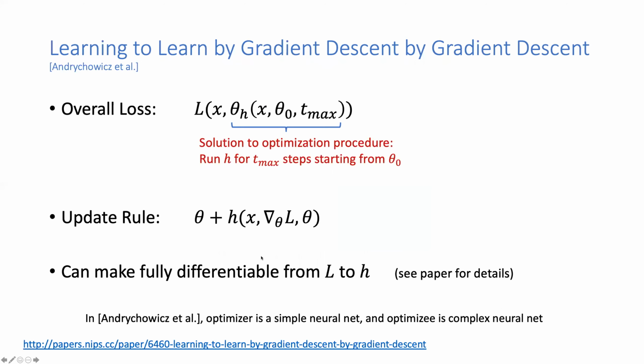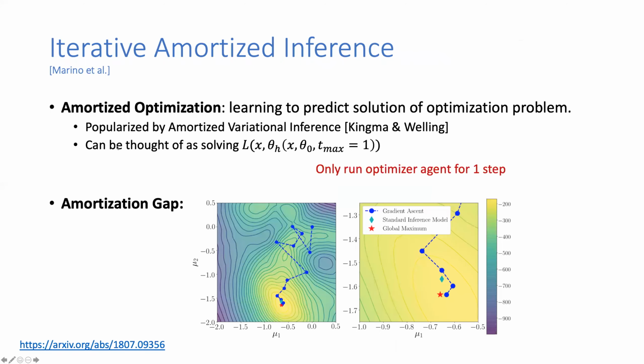That's why this is called amortized optimization, by the way. Amortized optimization basically means that we are paying upfront, in terms of time spent to learn something, so that at test time we do something much faster. That's the hallmark of an amortization procedure.